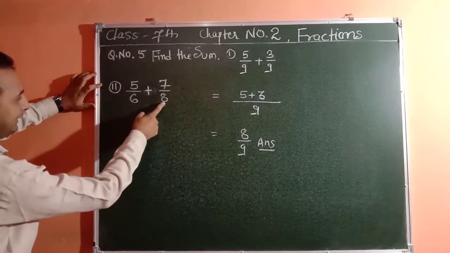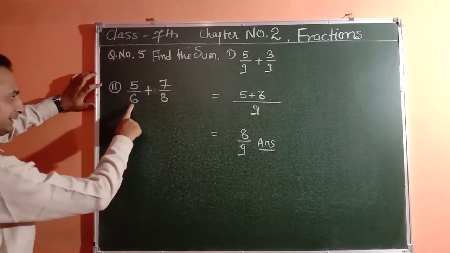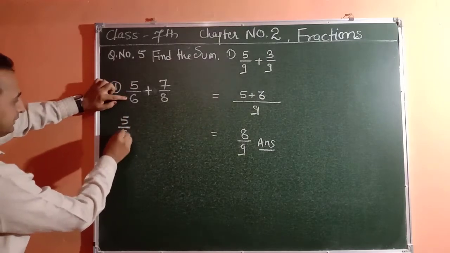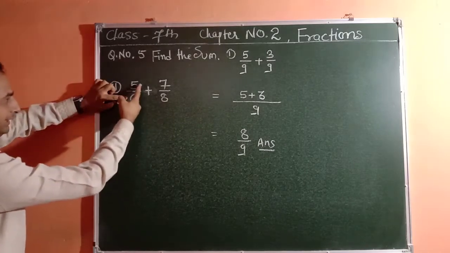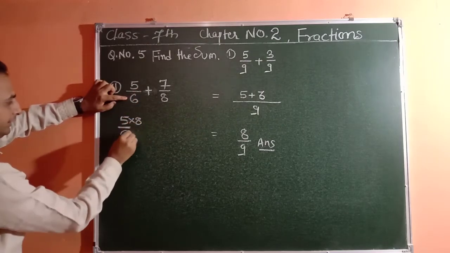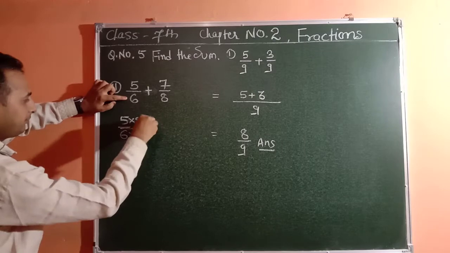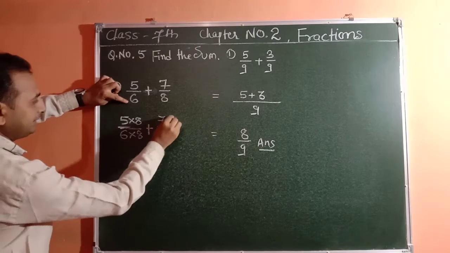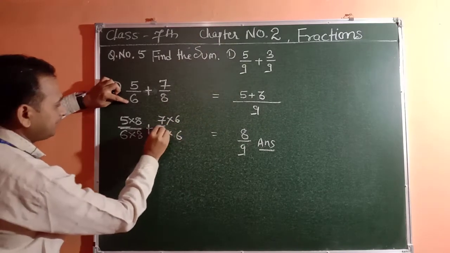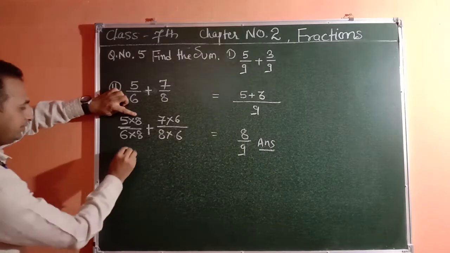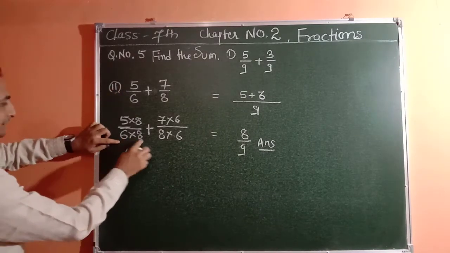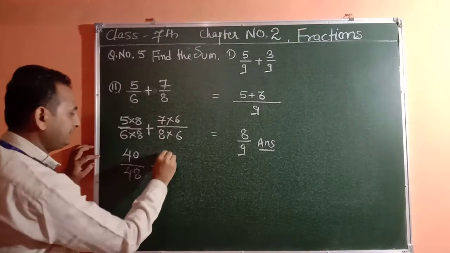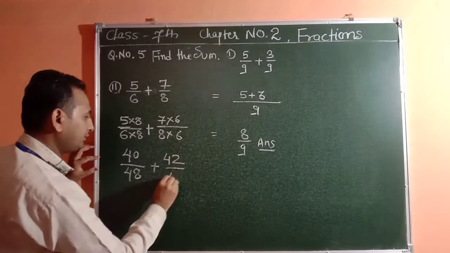You multiply 5 upon 6 by 8 here and here also 8, plus 7 upon 8 multiplied by 6 and here also multiplied by 6. 5 eights are 40, 8 sixes are 48. Here also 7 sixes are 42, 8 sixes are 48.